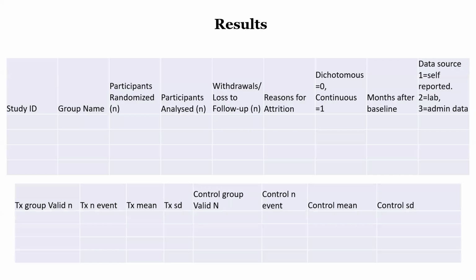So this is an example of a data extraction sheet in which you are collecting data for the results in the study. So you can see the number of people who were there in each of the arms, the number of people who experienced the outcome, and might be summary data in terms of mean standard deviation if it is quantitative data.